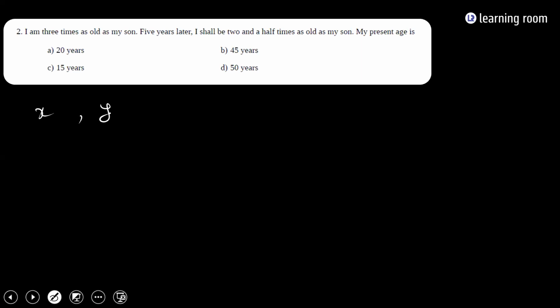So how will you frame the equation? I am 3 times as old as my son, right? 5 years later, X plus 5 is equal to, I shall be 2.5, that is 5 by 2 times Y plus 5. Am I right?